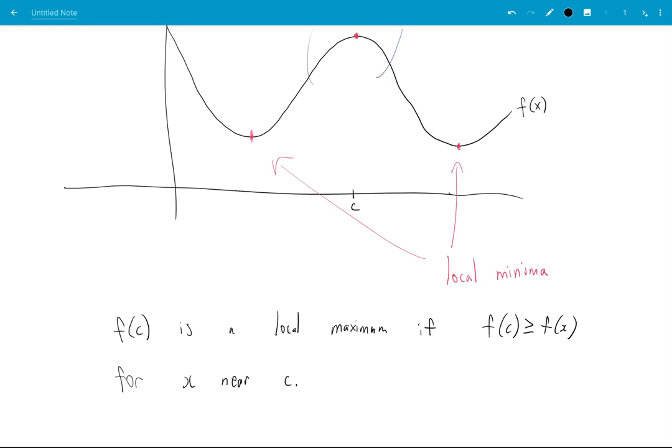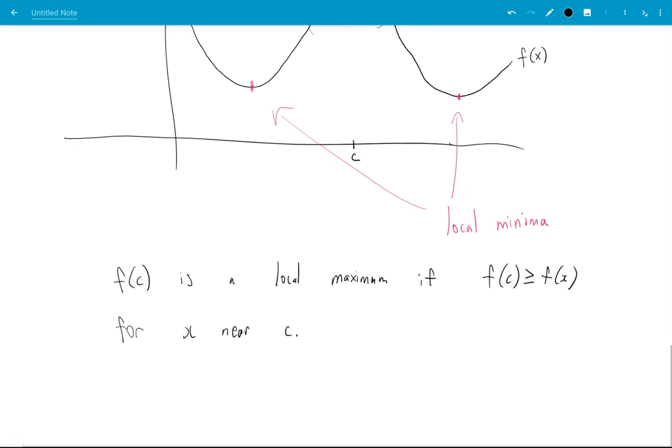Okay, the definition for a local minimum would be similar, but the sense of the inequality would switch. Okay, together, we give them a name.